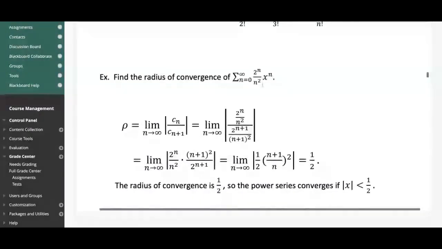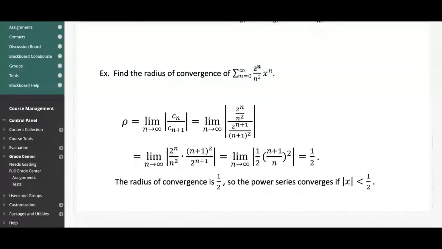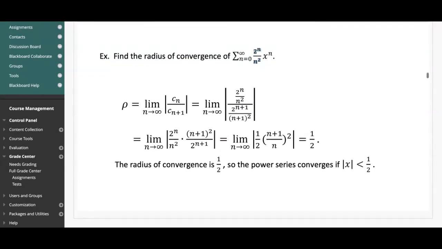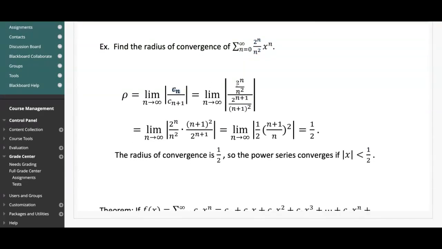Let's see this example. We have 2 raised to n divided by n squared, a power series with Cn being this term. So the nth term is 2 raised to n divided by n squared. The n plus 1th term is 2 raised to n plus 1 divided by n plus 1 squared. We'll try to simplify. 2 to the n plus 1 over 2 to the n, so we get a half.